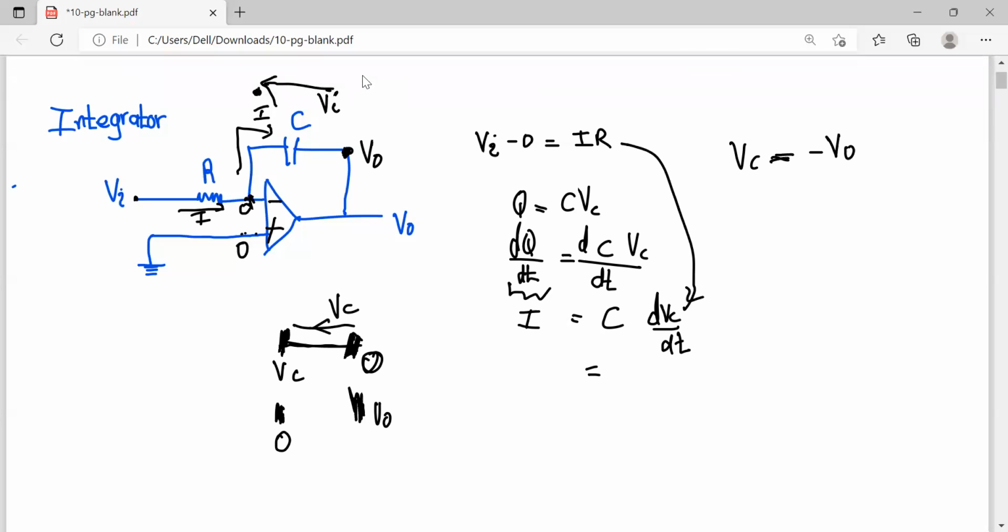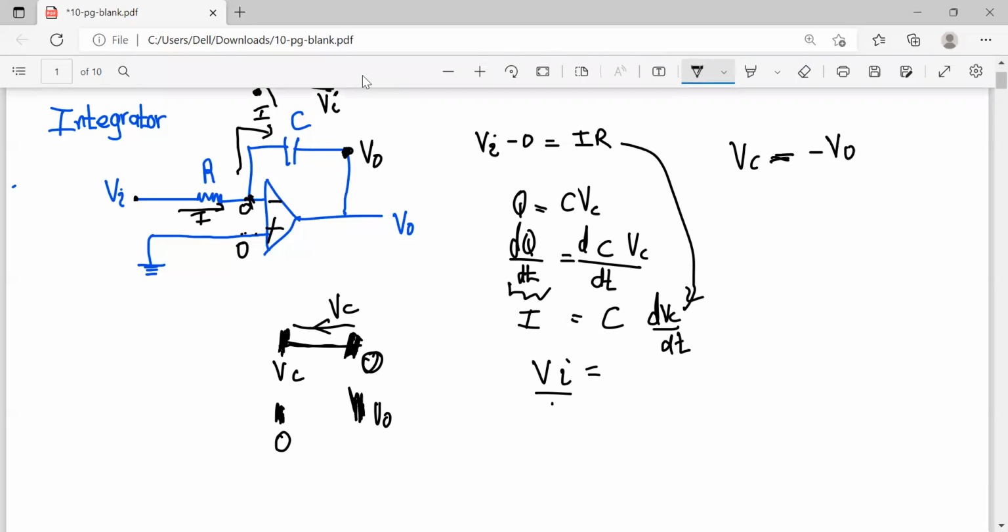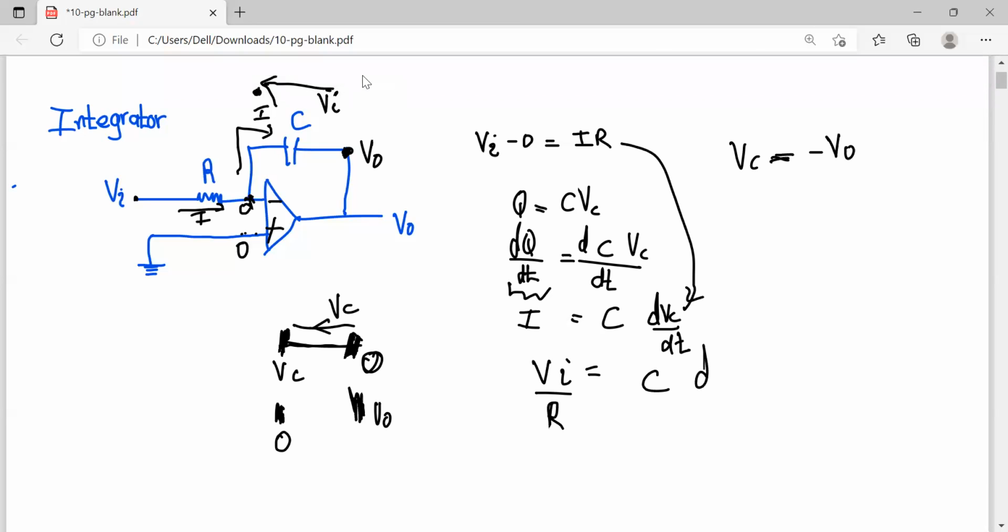If you substitute that, we are going to get Vi divided by R is equal to C dVC by dt. We need to change it for minus V naught. So let's change it as soon as possible. And also, here we need to find the V naught. The output should be the integration function of Vi.